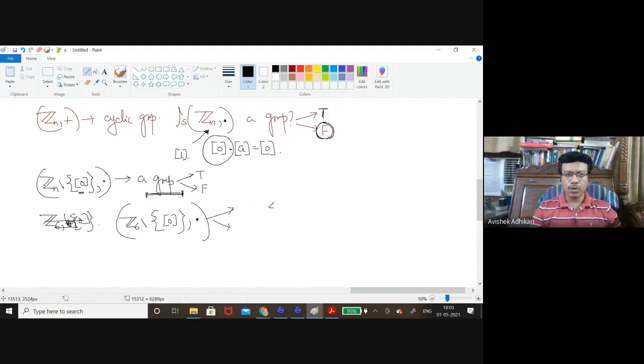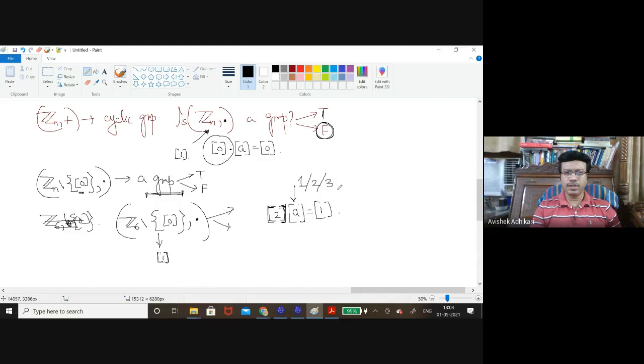Let's see. What is the multiplicative inverse? Here also the identity element would be 1, that is for sure. If that would be a group, then 1 should be the multiplicative identity. Now, what should be the multiplicative inverse of class 2? That means you need to give some class a such that the product is class of 1. Let's start with 1, then it will be 2. Let's start with 2, then it will be 4.